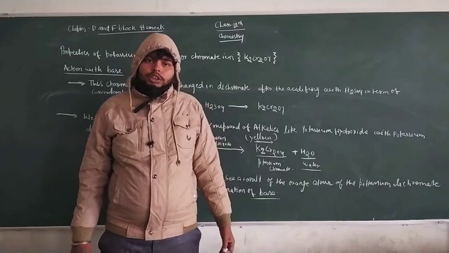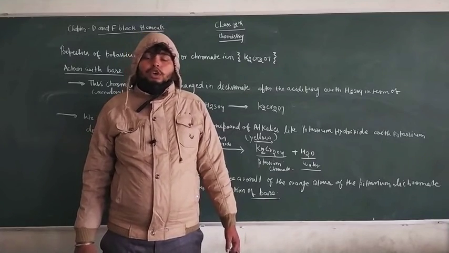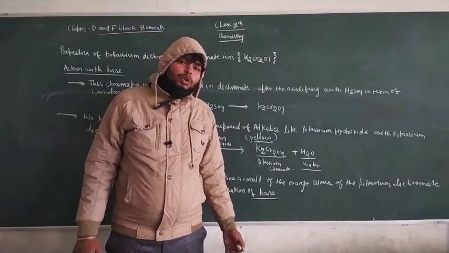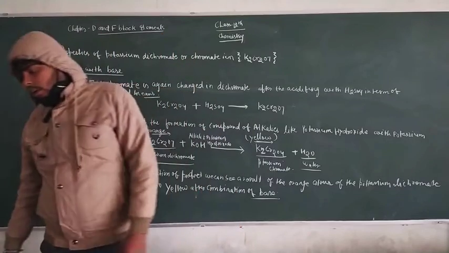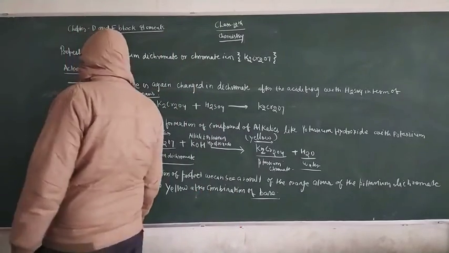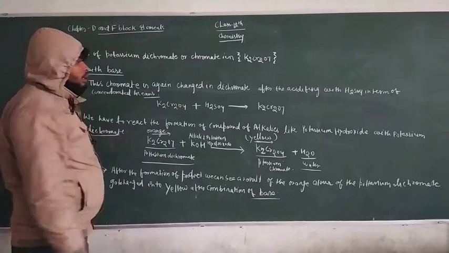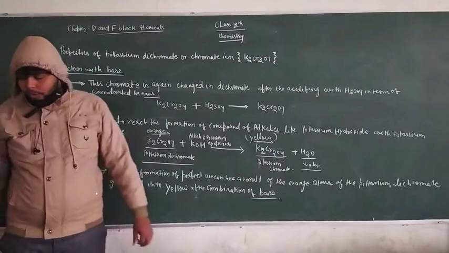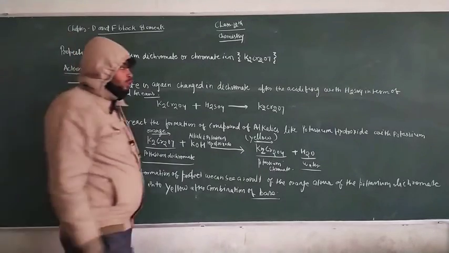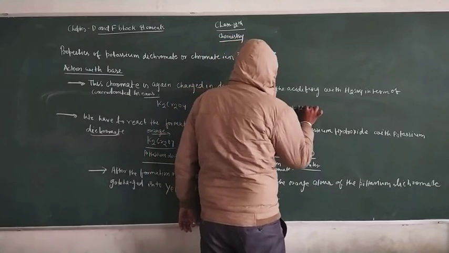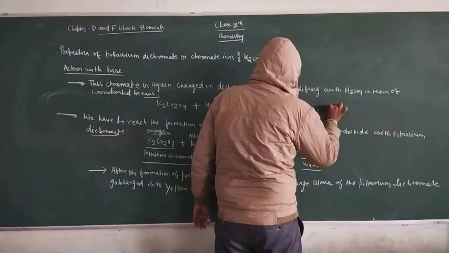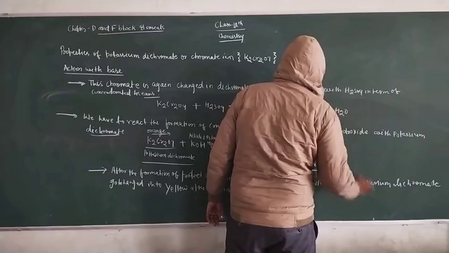In terms of alkali solution, dichromate is changed into chromate formation. In terms of acidifying, it changes into dichromate, chromate to dichromate. And our product is potassium dichromate again, and K2SO4, this is potassium sulfate, and H2O gets released.